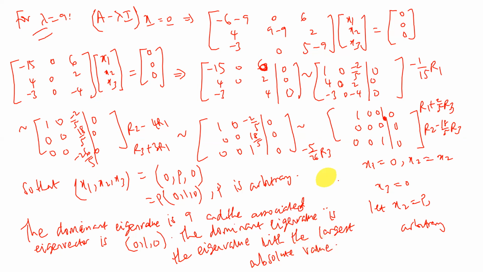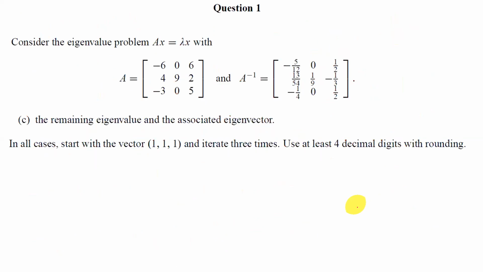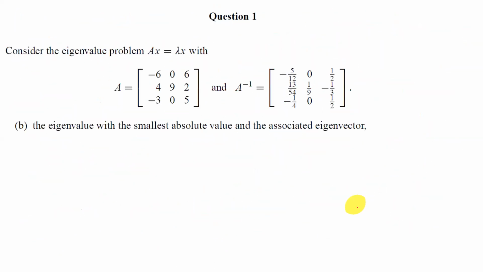Okay, so there's this that is the largest absolute value. So you have this one. The eigenvalue with the smallest absolute value and the associated eigenvector.